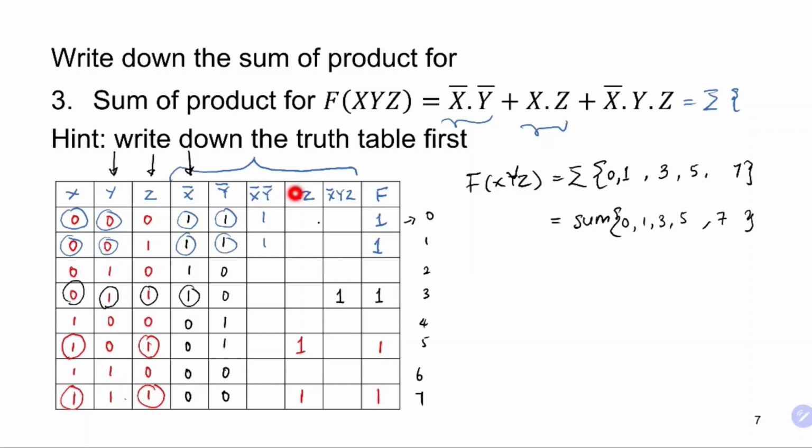This is for 3 variables. This sort of function is called a non-canonical function or a non-standard form because we have more variables, but the product terms have fewer variables compared to all the variables in the function.